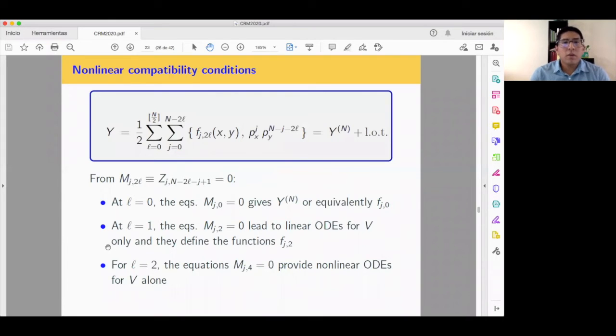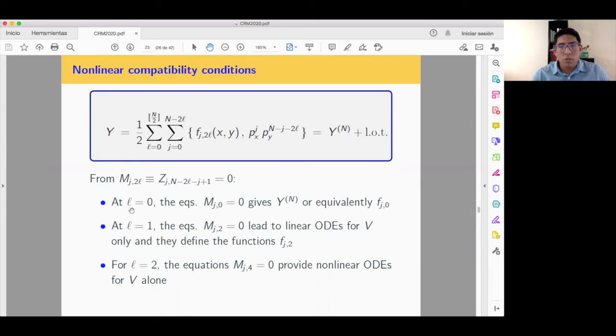As I said, now the key element is this nonlinear compatibility condition. So let me try to summarize what I mean by this. We have the generic expression for the n-order integral written here, and also the determining equations that guarantee that the Hamiltonian and this operator commute.